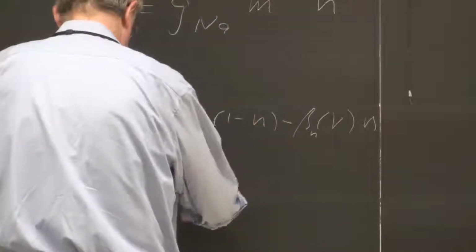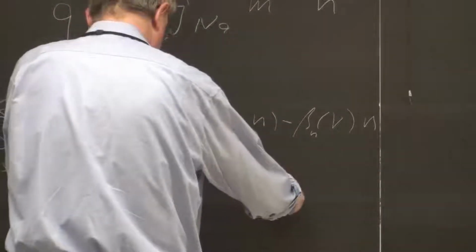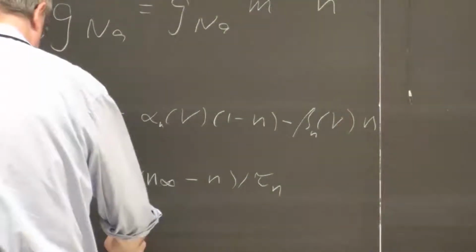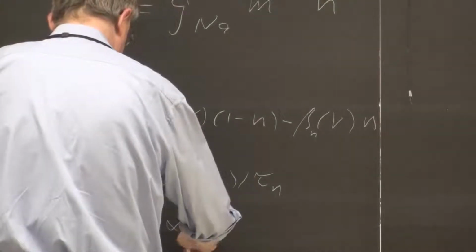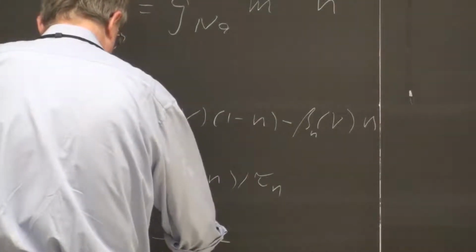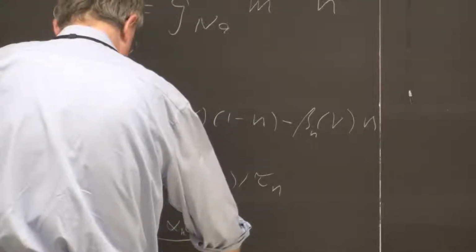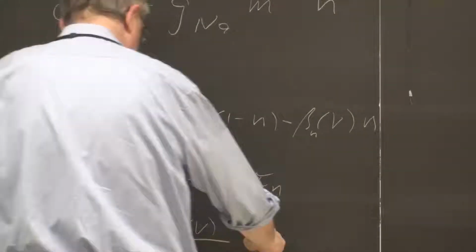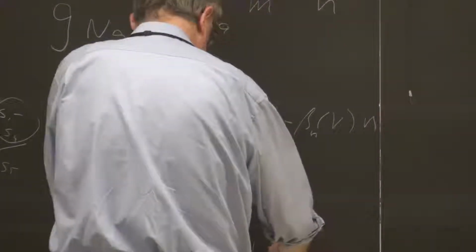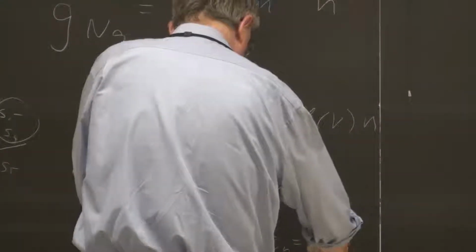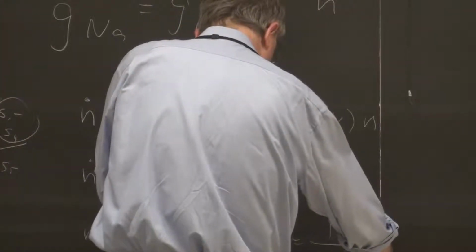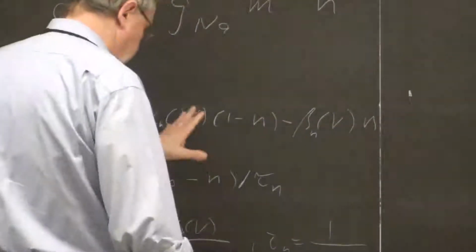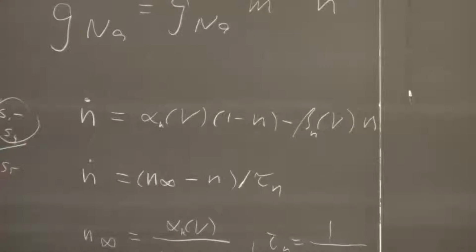I write it like this, where we now say that n infinity is equal to alpha n of v, divided by alpha n of v plus beta n of v, and 1 over tau n is alpha n of v plus beta n of v. So if you do this, then I'm pretty sure it's correct. You can try it out. Okay, so this is how it goes.